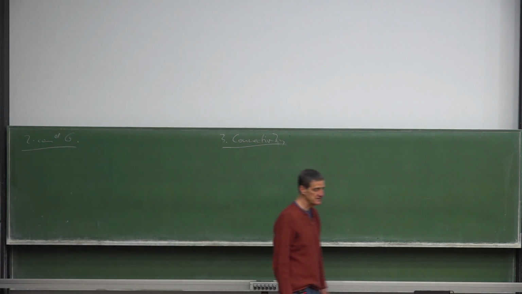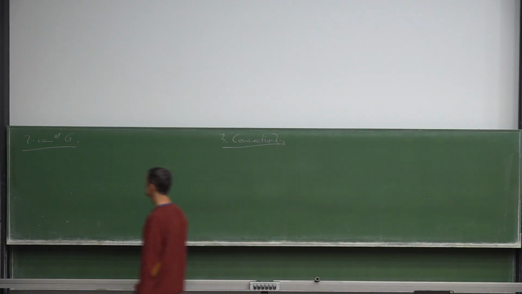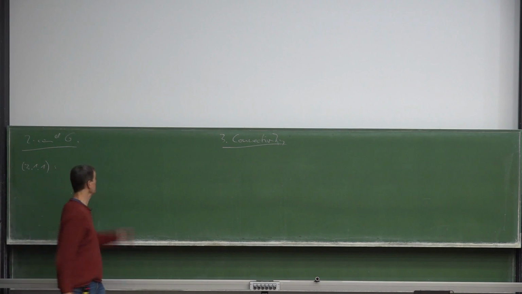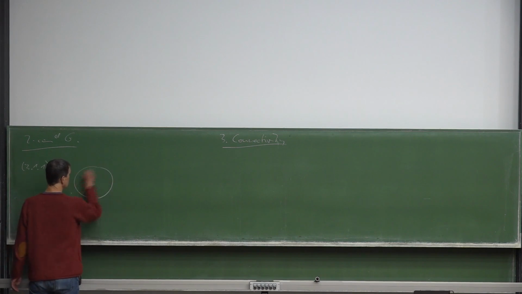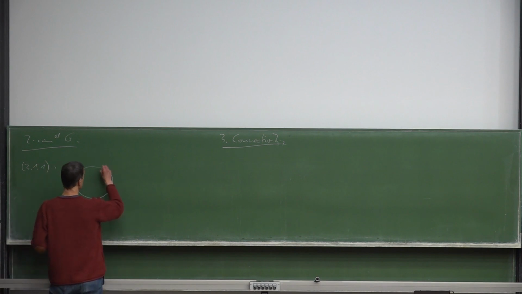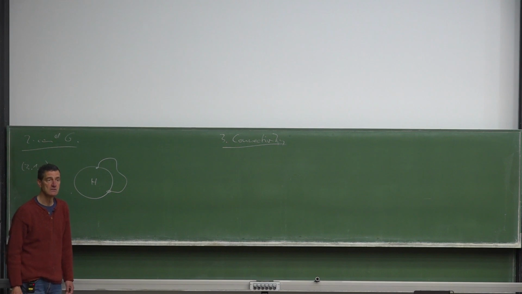Okay, so the first proposition, 3.1.1, says that the two-connected graphs are precisely those that you can construct as follows. You begin with any cycle, and then when you've constructed some two-connected graph, let's call it H, you add an H-path.